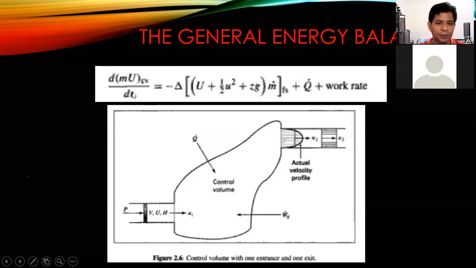So, ito yun. This is the general energy balance. Initially kasi, sa PChem, we have the delta U, tapos the Q and the W. Kaya lang ngayon, pag flow system, meron tayong potential energy kasi pwedeng bumaba, tumaas yung flow natin.